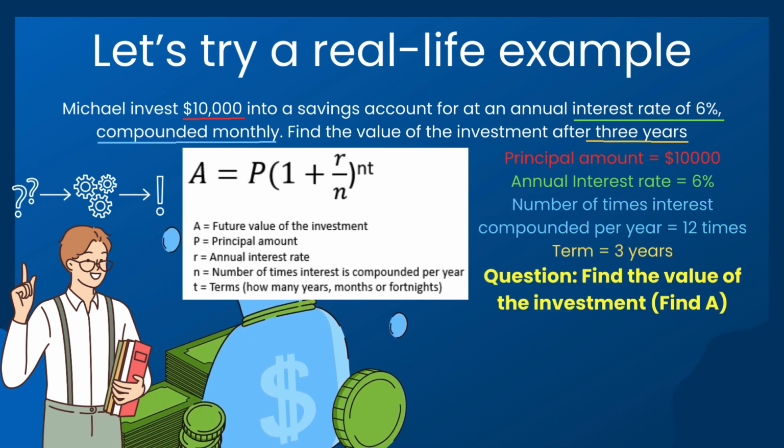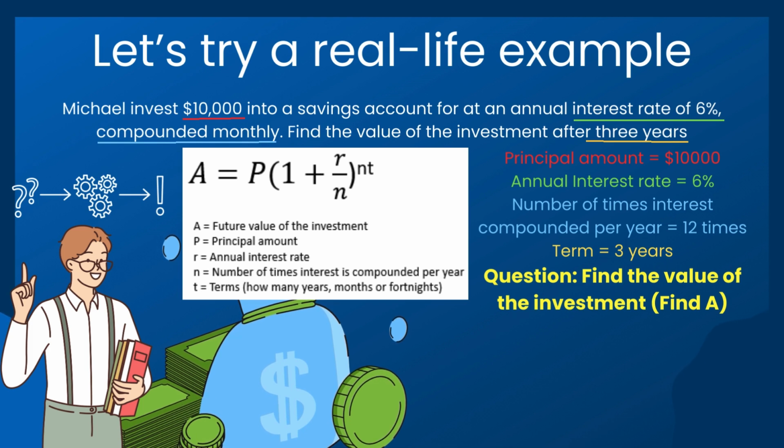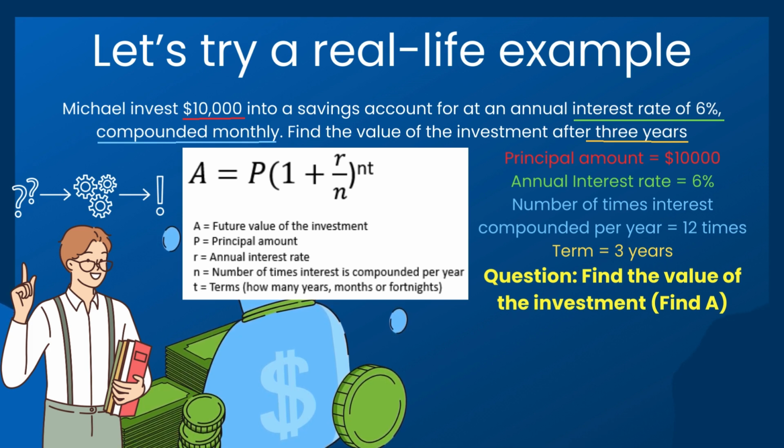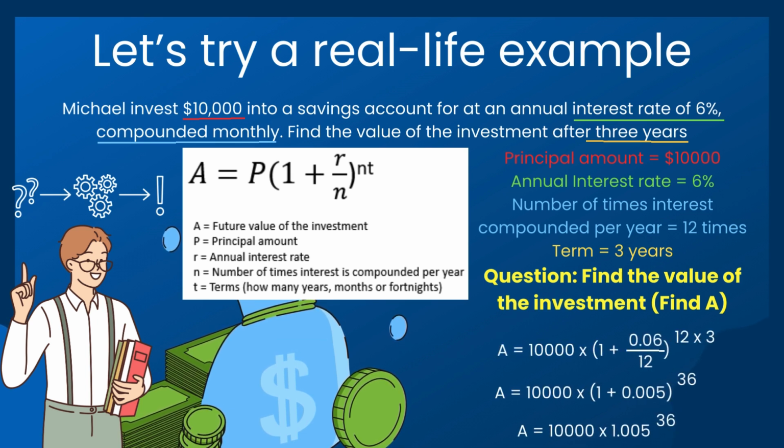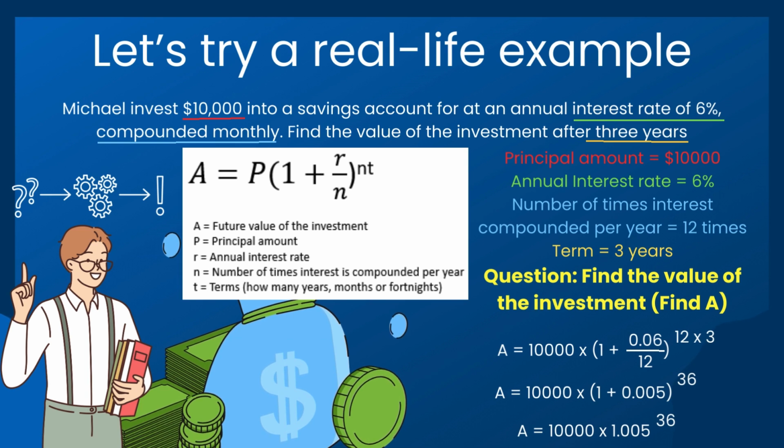And the question, we need to find out the value of the investment after 3 years. Now we know the term of investment is 3 years. We now have all these variables of the formula. We can go and find our A value, which is the future value of the investment after 3 years. Remember the order of operations. Our calculation is 1 plus 0.06 over 12, everything to the power of 12 times 3, and we multiply everything by $10,000.